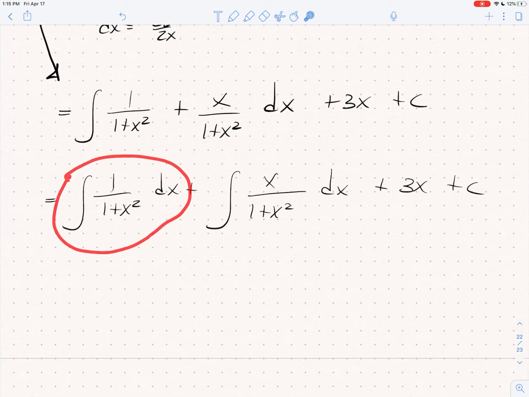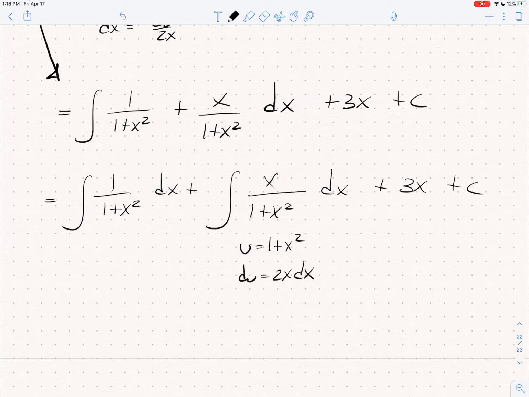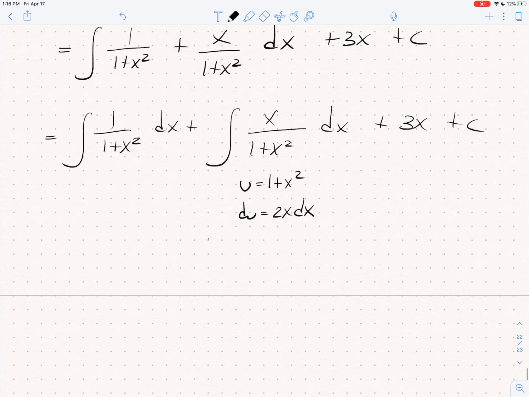This one you should recognize instantly. What function do you know whose derivative is 1 over (1 + x squared)? Well, that's just arctangent of x. So we've got this one. That's good. This one now, let's try our u sub. Let's try u is 1 + x squared. So du is 2x dx. And so for this one, you're going to get the integral of, let's see, we're going to have an extra half that kicks out.